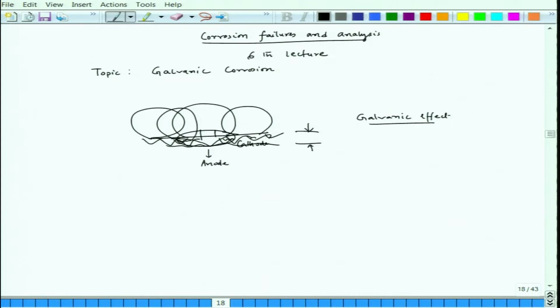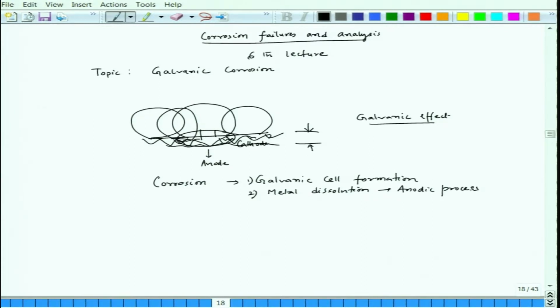Why do you say that the mechanism is galvanic corrosion? Because corrosion is nothing but a galvanic cell formation. This is one, and the second part is metal dissolution is the anodic process, and this is nothing but the corrosion.